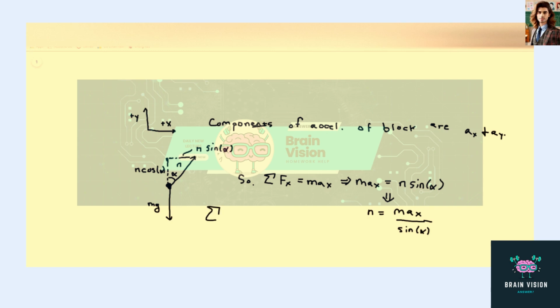Now we're going to do the sum of the forces in the y direction. It's equal to mass times the acceleration in the y direction. This implies that negative mg, because it's pointed downwards, plus N times cosine of alpha, because that's the vertical component here, is equal to mass times acceleration in the y.